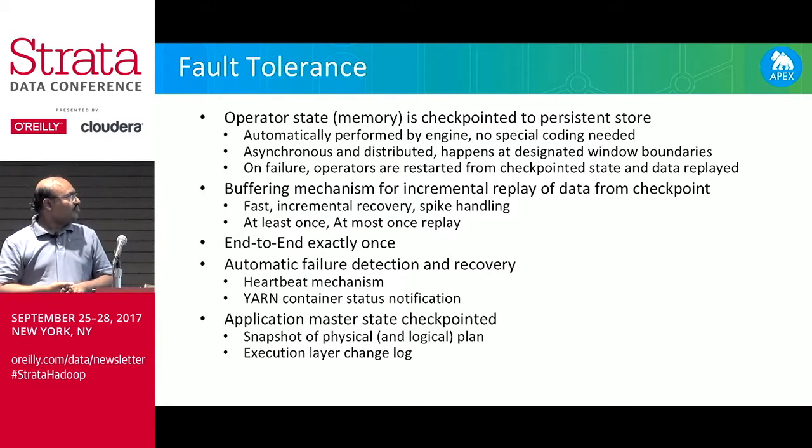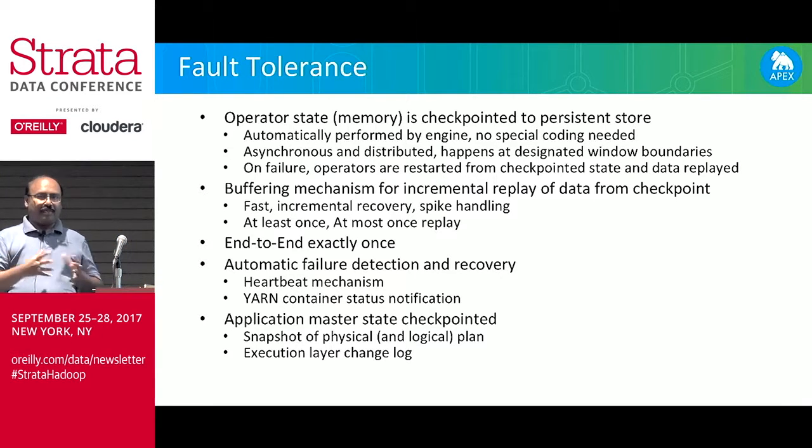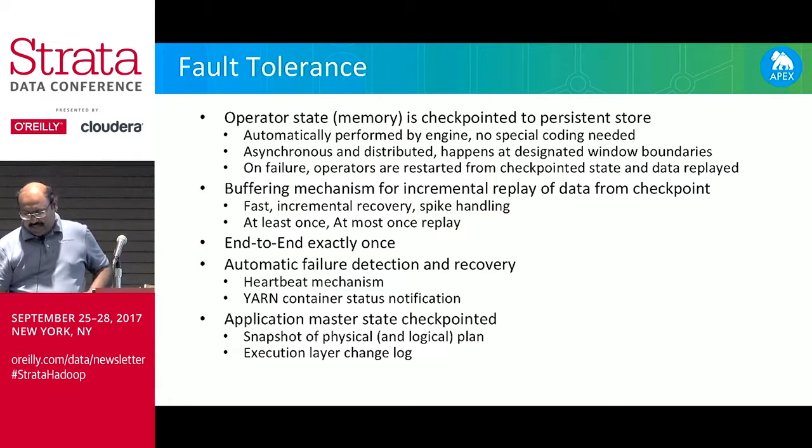Apex also has an inbuilt buffering mechanism which supports incremental recovery of your pipeline. What it means is if you have a pipeline of 5 operators and the third operator fails, only 3, 4, and 5 get affected. 1 and 2 continue to run wherever they are, so they don't have to be rolled back to a checkpoint.